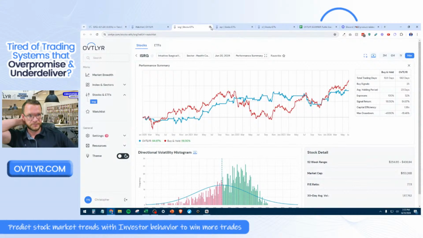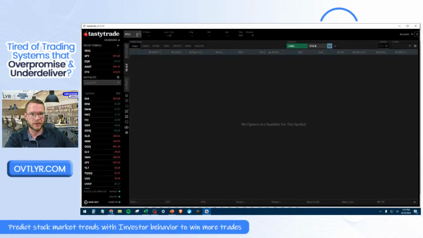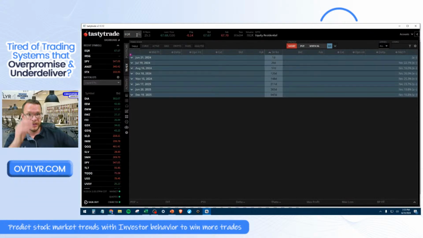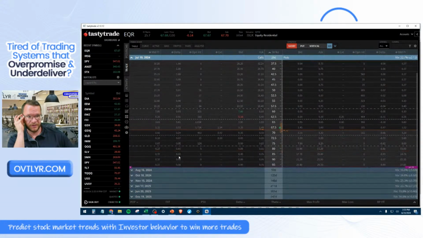Okay. Let's go to EQR. Now, I looked at this pre-market, so I honestly don't know how this is looking now. Oh, this looks great now. 81 delta, 1,000 open interest. Is it really 0 extrinsic value?